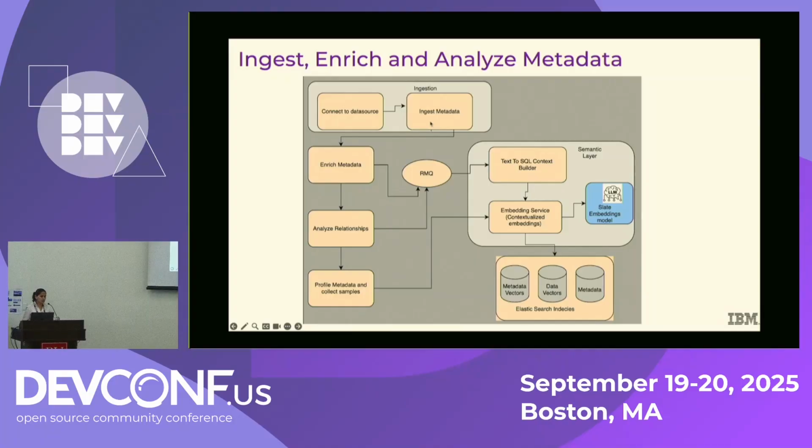Now we have the metadata, and we start our enrichment process. We use the models as I described to give the business meaning, to describe this metadata. We analyze the relationships, which are also captured as part of our ingestion, like foreign keys and primary keys, and we catalog those. We also have sample values, which are collected as part of our ingestion, and we store them along with the relationships.